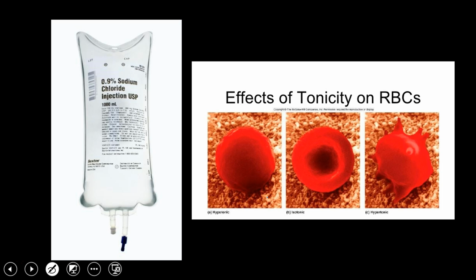So why is this important? Well, if anybody's ever been to the hospital or seen an IV bag, it's not pure water that they're putting into someone's veins. It's 0.9% sodium chloride or 0.9% salt. Why is that? Because if they were to put in distilled water which has no solutes, they just put your cells in a hypotonic solution. Your cells are going to swell up, and they might even pop.